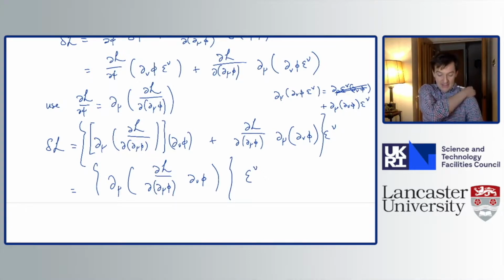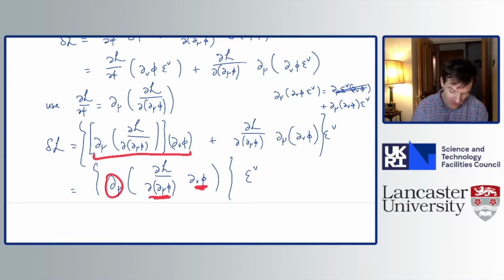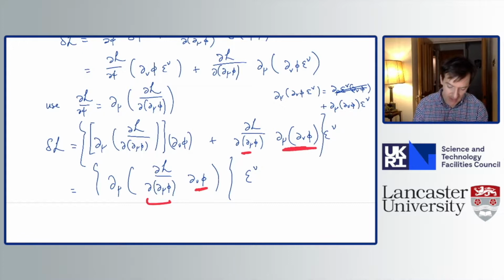My claim is that this is the same expression as the above, and you can see that when you apply the product rule of differentiation. Okay, so d mu first of all acts on this term and leaves this one unchanged. Okay, so that's simply what we have here. And then I should leave this one unchanged and differentiate the second term, which is precisely what I get on the second term. Okay, so these two expressions are exactly equivalent.